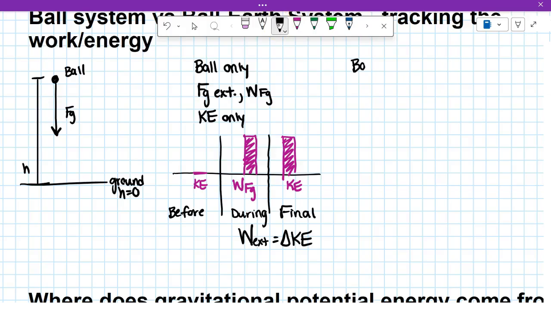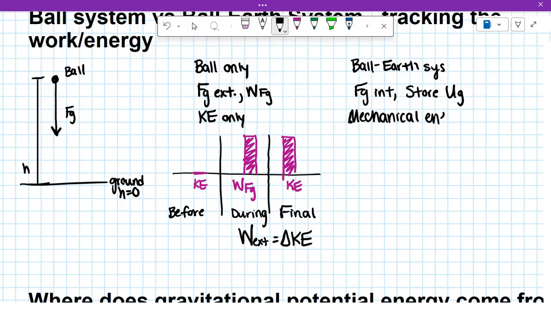So now if we have the ball-Earth system, the force of gravity is now internal, so we can store gravitational potential energy. So when I'm considering the mechanical energy of the system, this system is capable of kinetic energy and potential energy.